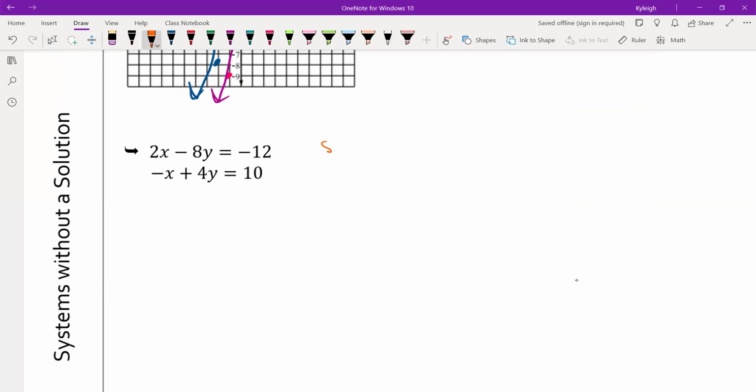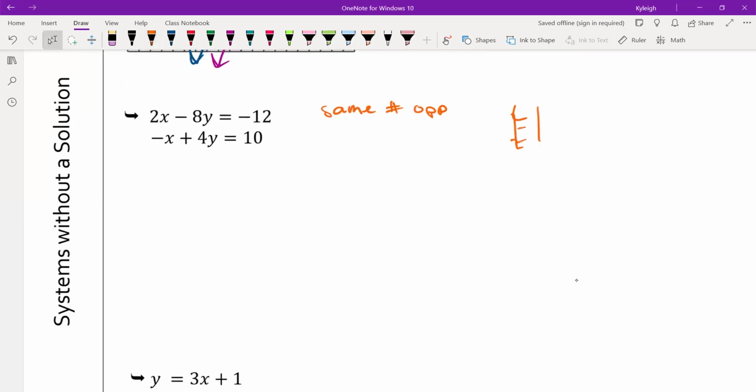So we have to get either these x's to be the same or my y's to be the same. I'm going to focus on my x's first. I'm going to turn this 1 into a 2 by multiplying this bottom by 2. That's going to give me -2x plus 8y equals 20.